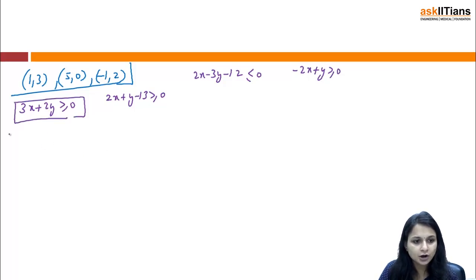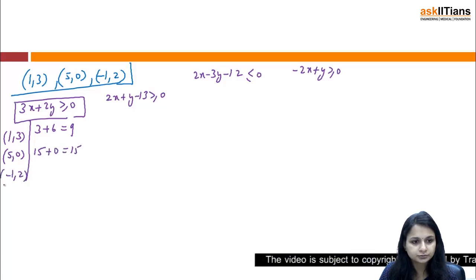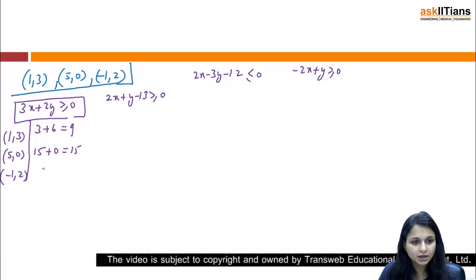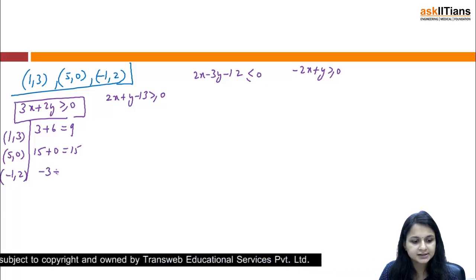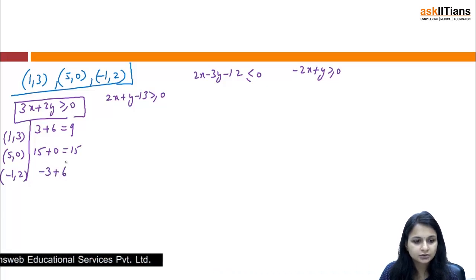If I put (1, 3) in this, what I get is 3 ones are 3, plus 2 threes are 6, which is 9, which is positive. If I put (5, 0), it would be 15 plus 0, which is 15. If I put (-1, 2), it would be -3 plus 6, which is 3.